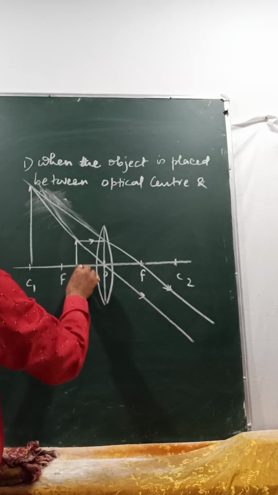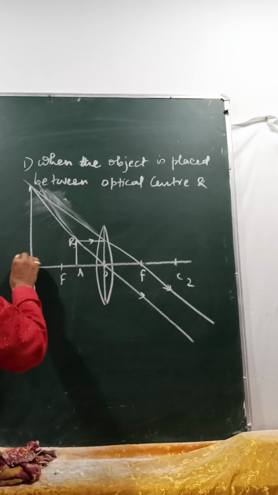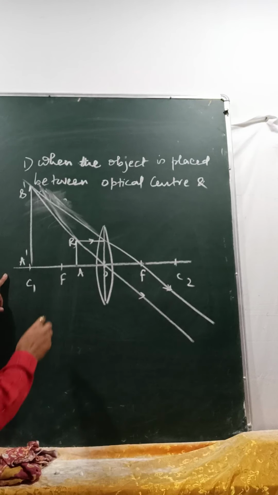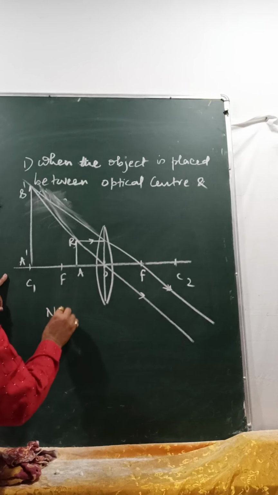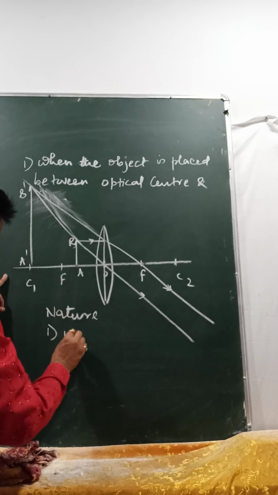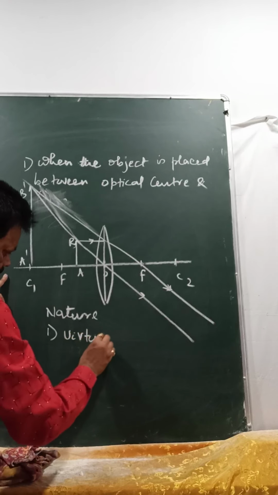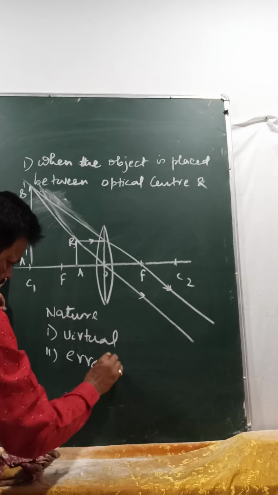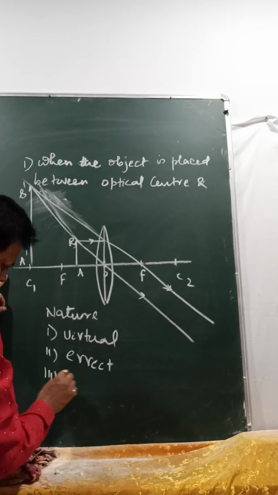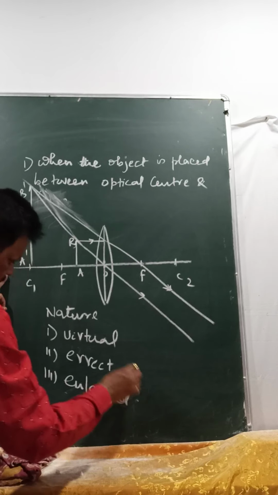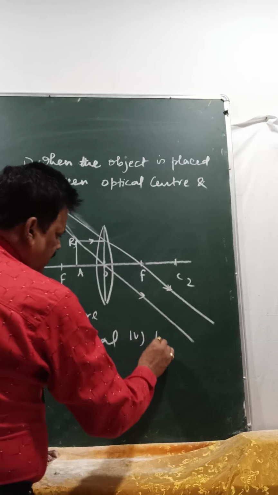If this is your object A, B, this is A dash, B dash. So the nature is virtual, erect, enlarged, behind the object.